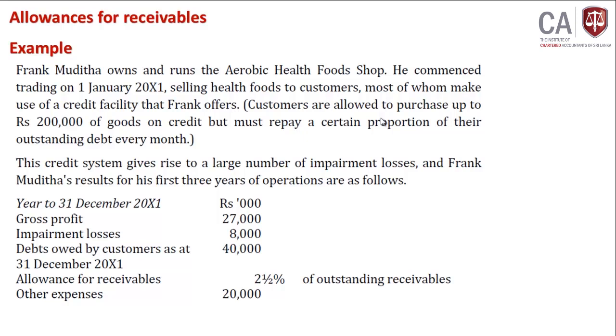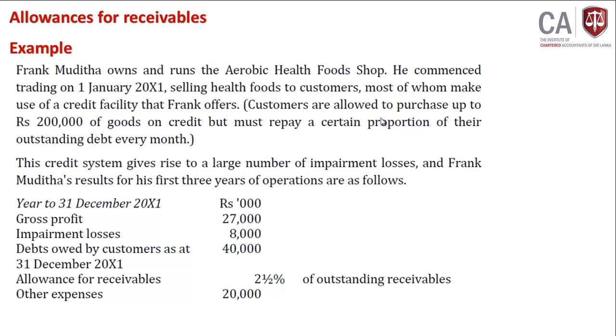Selling health foods to customers, most of whom make use of credit facility that Frank offers. Most of the sales are on credit basis. Customers are allowed to purchase up to 200,000 of goods on credit, but must repay a certain portion of their outstanding debt every month.